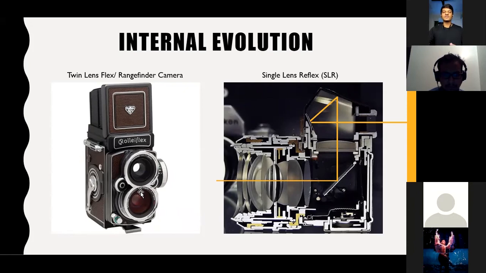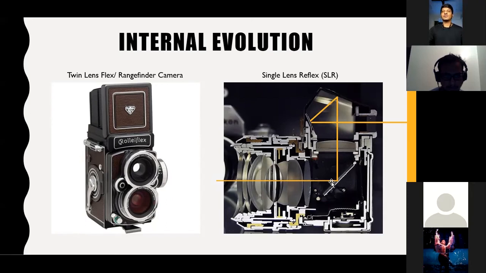So that caused for some research and development, and they came up with the single lens reflex camera, or in short, the SLR camera. What this did was the camera had just one lens. The lens would let light in, and when the light entered the lens, it would bounce off a mirror over here.